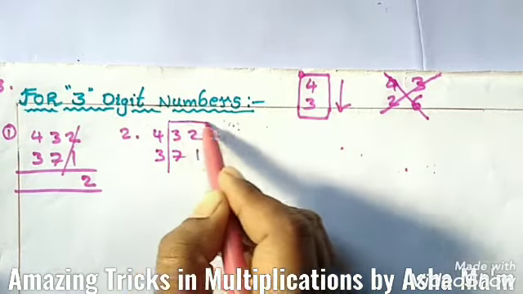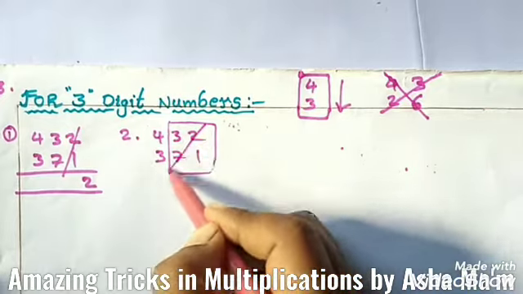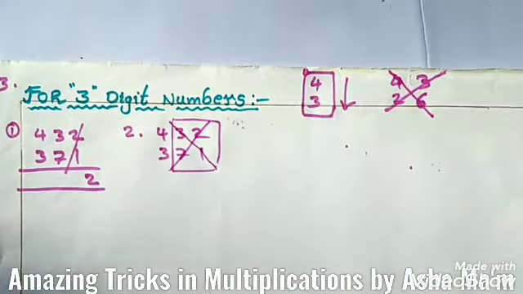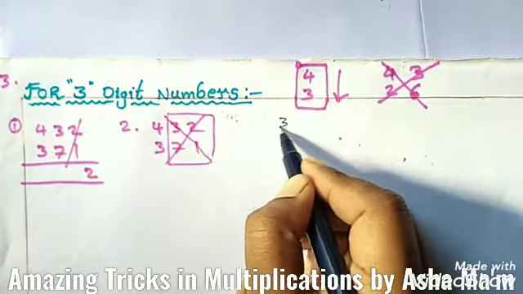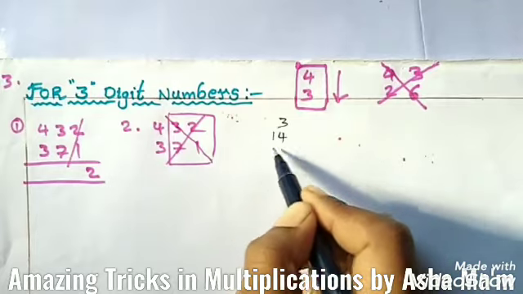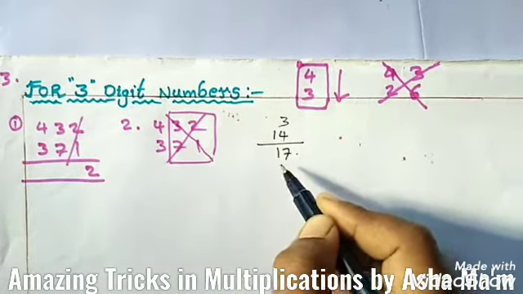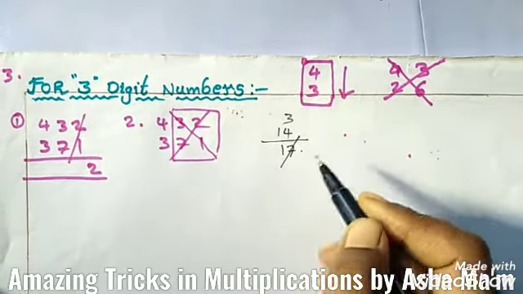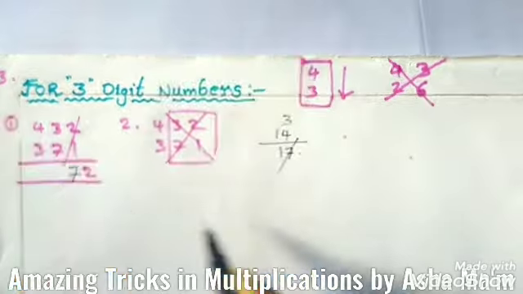Here you have to consider these two numbers, so as usual cross multiplication here. In this cross multiplication, 3 1s 3, 7 2s 14. If you add these two numbers, 17 you must get, and here 7 you have to take, and that 1 is carried over, then 7 you have to write here.